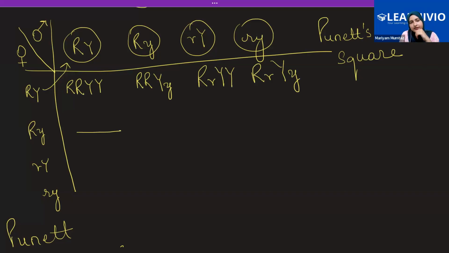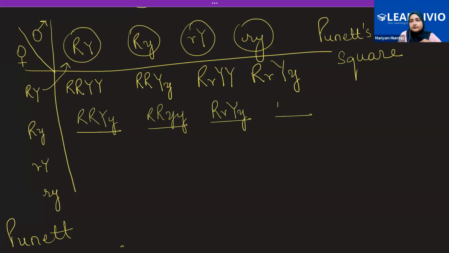So now you tell me this one. Capital R, capital Y, small y. Very good. Next. Capital R, small y. Very good. Next. Capital R, capital Y, small y. Very good. Next. Capital R, small y, capital Y, sorry, small y. Very good. Next. Capital R, capital Y. Very good. Capital R, small r, capital Y, small y. Excellent.